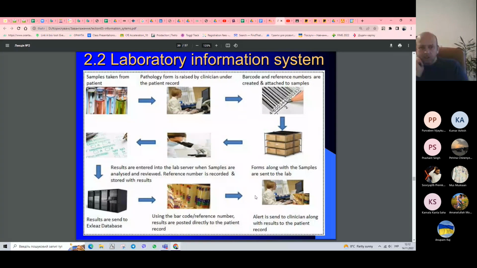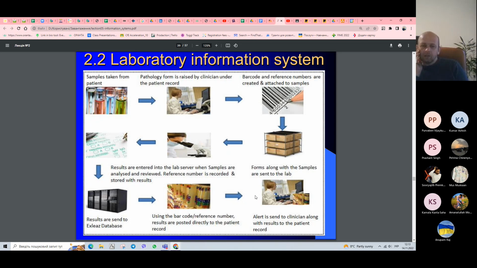Laboratory information system. A sample is taken from the patient, and pathology is requested by the clinician under the patient records. A barcode and reference number are created and attached to the sample. Results are entered into the lab system when samples are analyzed and reviewed.